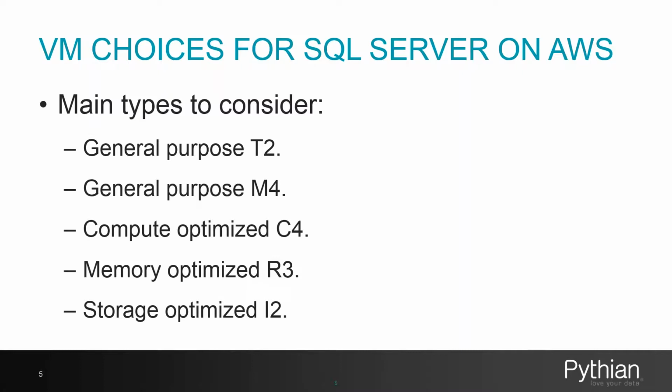So I wanted to cover it so that if you're only going to see one video, at least you get a general idea of some of the instances that you can run on Amazon that are a little bit different than what you can run on Azure. We have general purpose called M4, compute optimized C4, memory optimized R3, storage optimized I2. I will go into detail on these as we move further along.